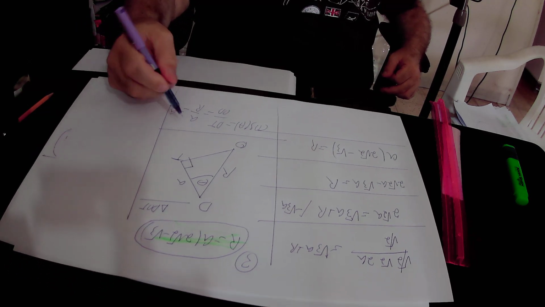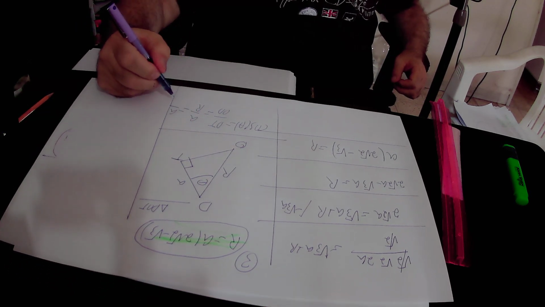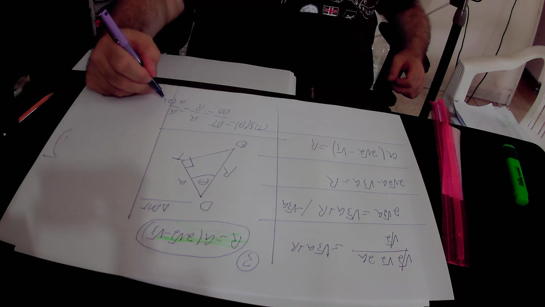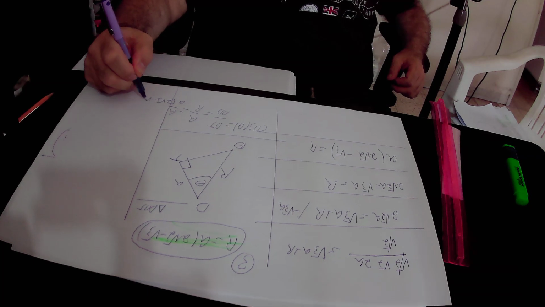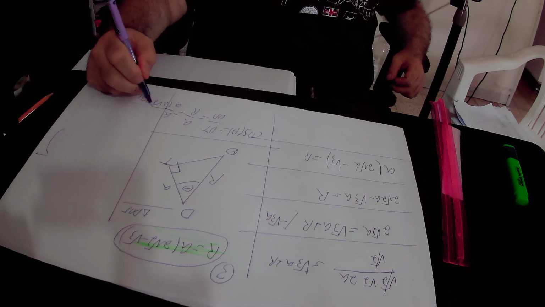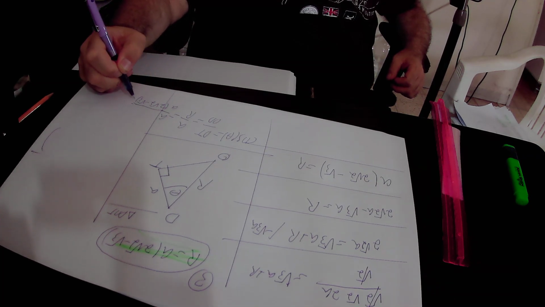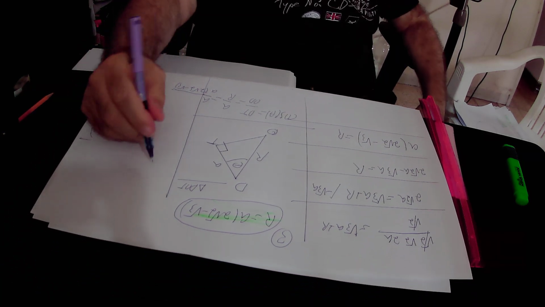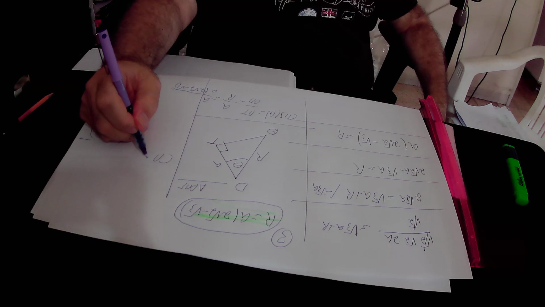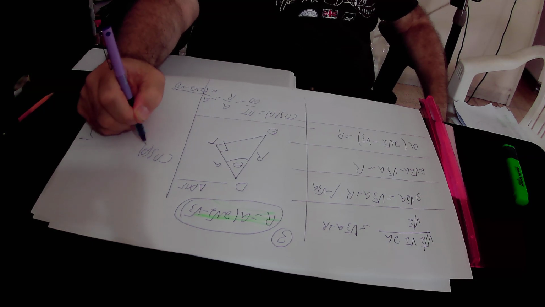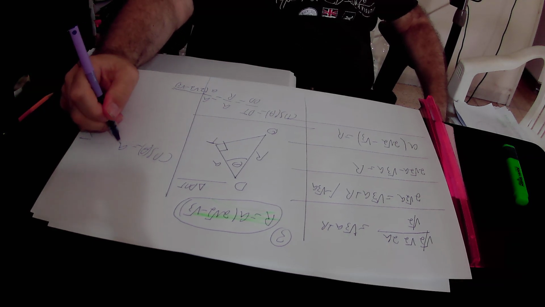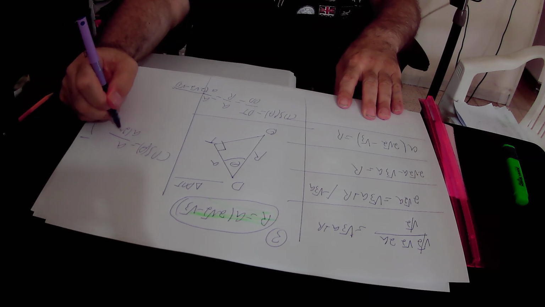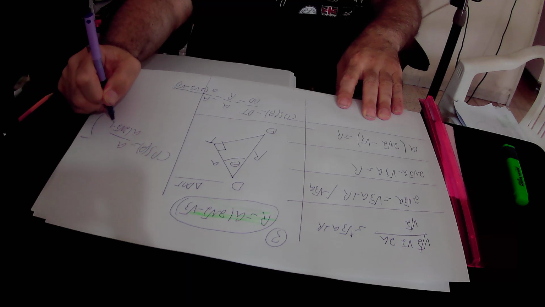And we have already found out that R equals A times 2 times square root of 2 minus square root of 3. So in conclusion, we found out that cosine theta equals A over A times 2 times square root of 2 minus square root of 3.